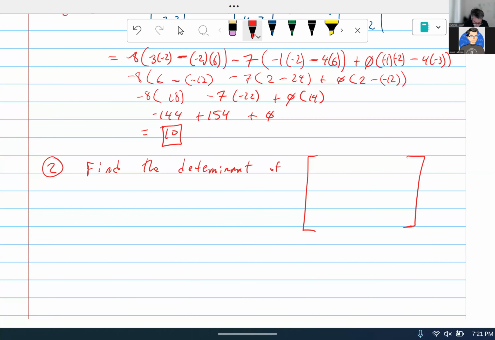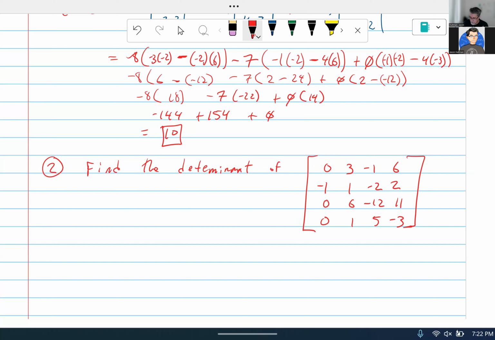Okay. So we have 0, 3, negative 1, 6, negative 1, 1, negative 2, 2, and then 0, 6, negative 12, 11, 0, 1, 5, and negative 3.